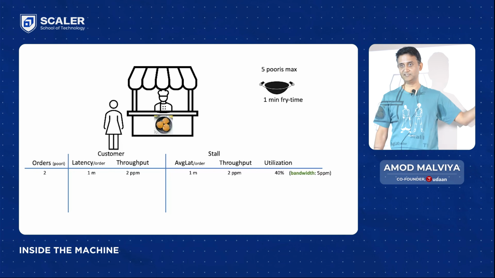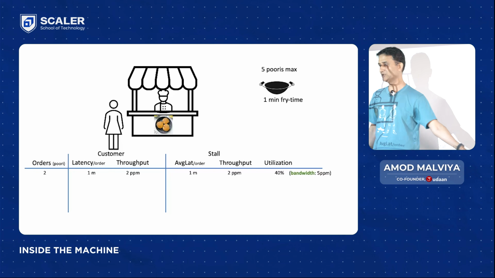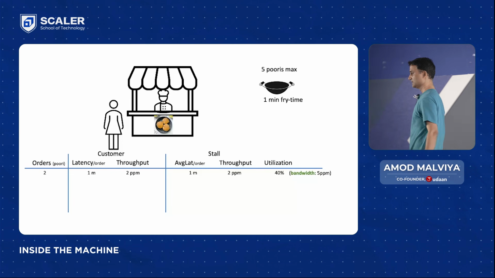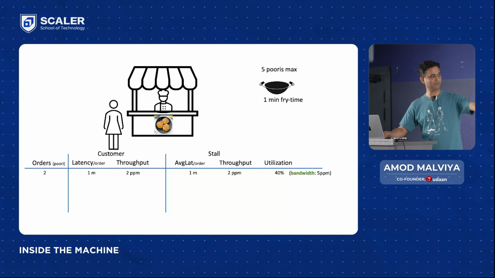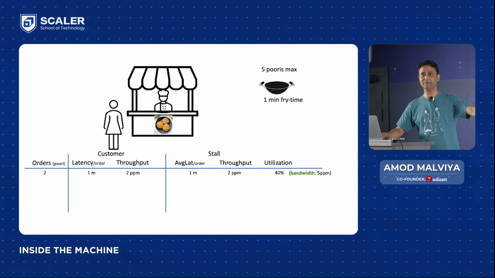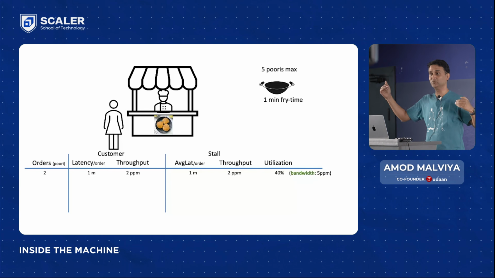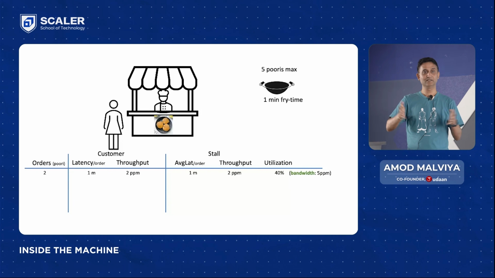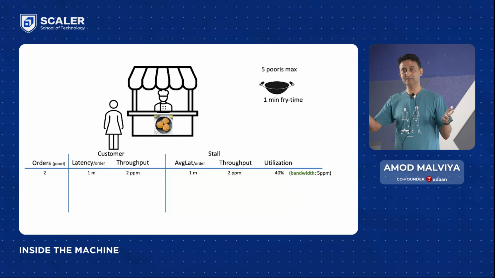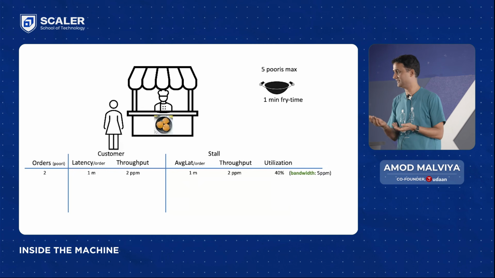Bandwidth of the stall is 5 puris per minute. So that's another way for us to think about throughput. Utilization is throughput divided by bandwidth. Bandwidth is maximum throughput. So when you have an internet connection, your bandwidth might be 1 Gbps, but the throughput that you might be getting is lesser than that, which is often the case.